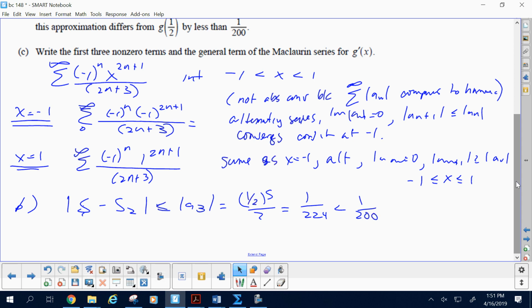So for A, substitute away. But do we change the center? No, you're not changing the center. I want McLaurin for f. We're gonna have to use zero.